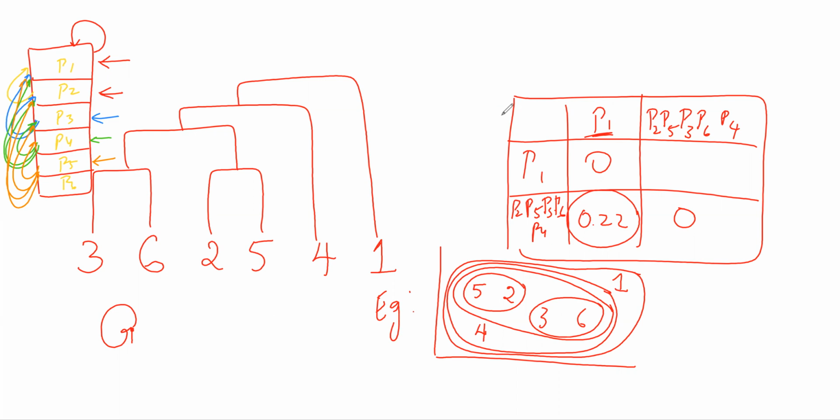Then I got the last entry. From the last entry, again P6 to P5, P6 to P4, P6 to P3, P6 to P2, P6 to P1.